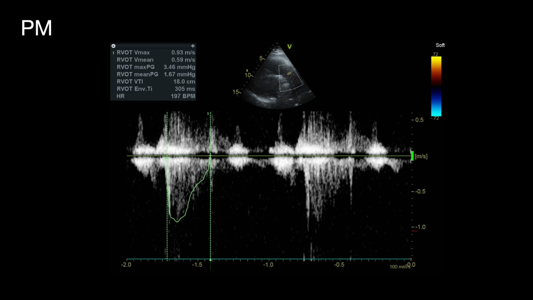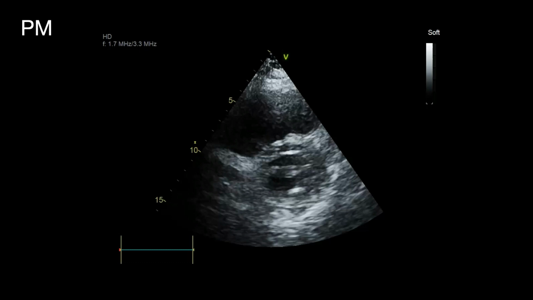And these are just some more examples, showing you that even with poor 2D images, you can sometimes take measurements, although they're never as good as when you have good 2D images.